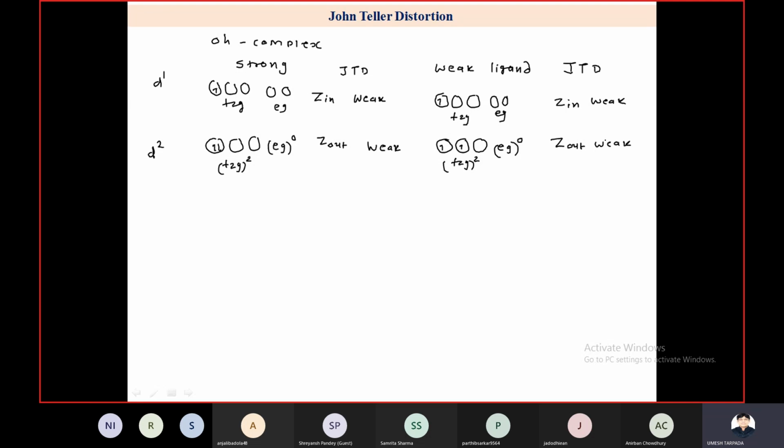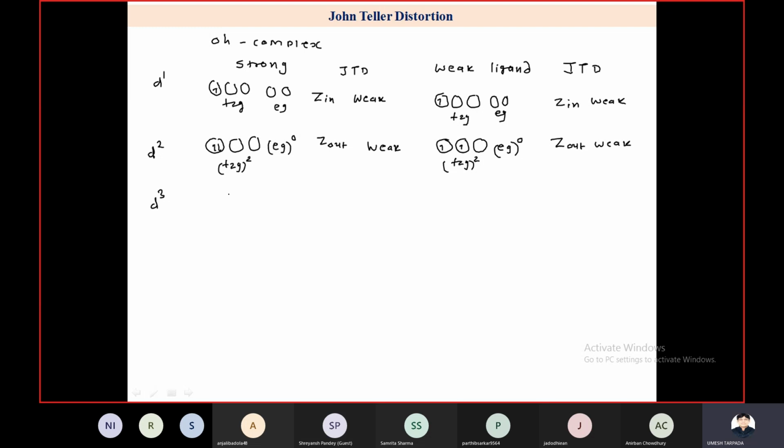Now what happens if you go for the D3 configuration? If both the orbitals are symmetrically filled, then there is no Jahn-Teller distortion. Sir, is Z in or Z out experimental?